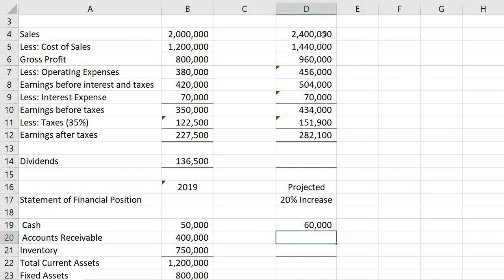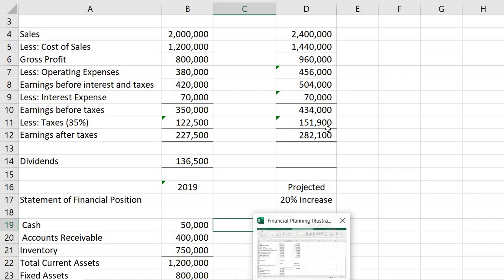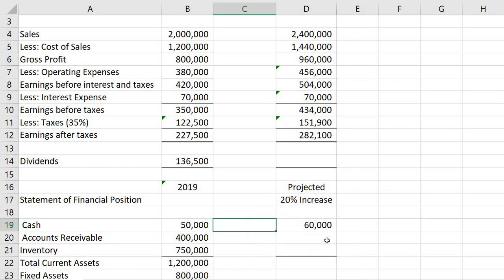Just to explain, in the SIM the computation is presented like this: divide 50,000 by 2 million, then multiply by 2.4. But the ending result is the same if you multiply directly by 120% or 1.2.